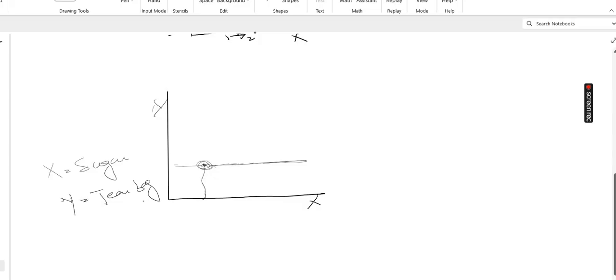Similarly, if you have one sugar spoon but multiple tea bags, still you are not able to make another cup of tea. So this L shape, generally its shape is like this.